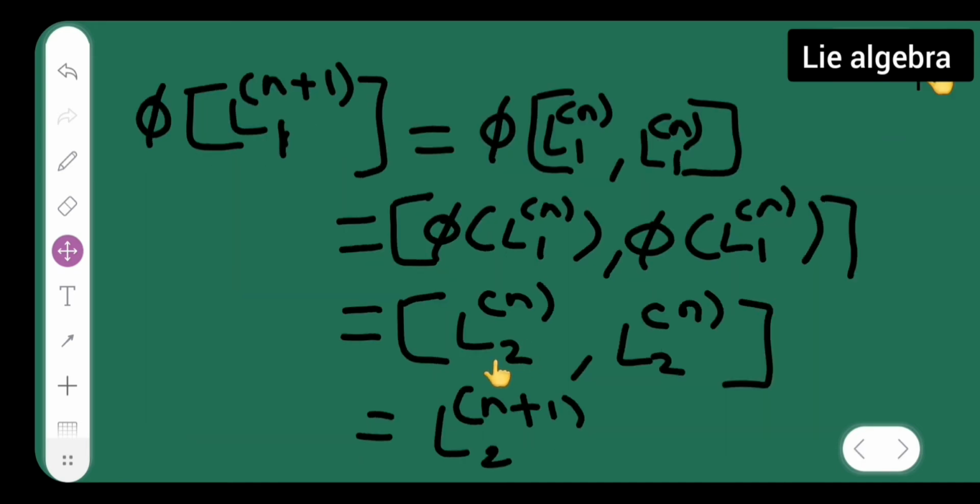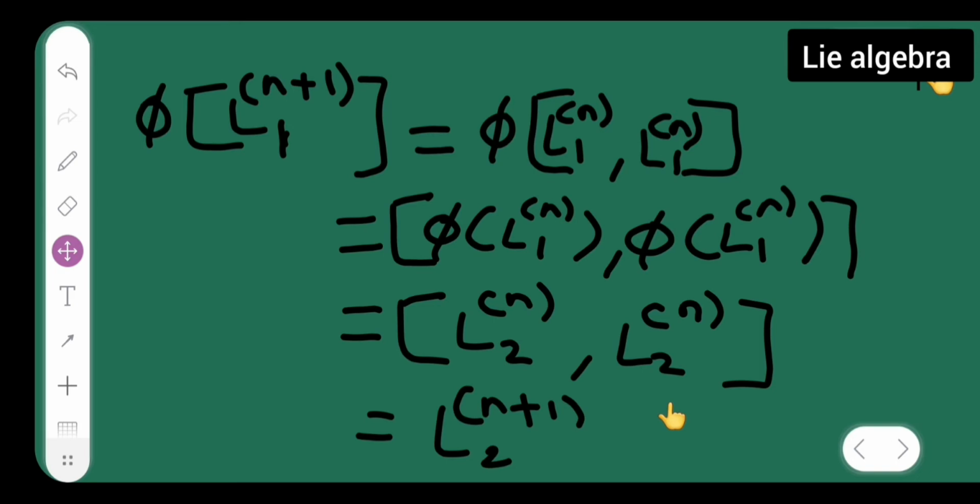That's why I have put L2 to the power n, comma L2 to the power n. And now this is equal to the Lie bracket of L2 to the power n, comma L2 to the power n, which is nothing but L2 to the power n plus 1 in the bracket. And so we are done with this exercise problem.